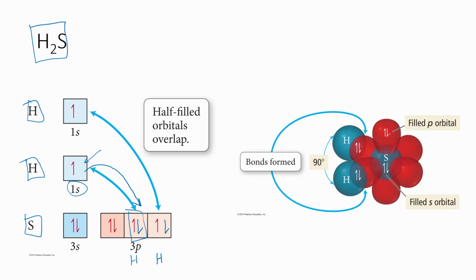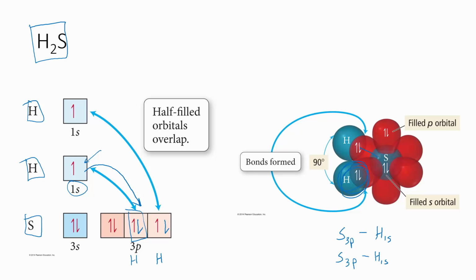When that happens, we have a filled p orbital, a p orbital that is overlapping with a hydrogen right here. So sulfur's 3p bonds with hydrogen's 1s, each of them contributing 1 electron, and the second hydrogen is doing the same thing, using a different 3p and a different hydrogen's 1s.